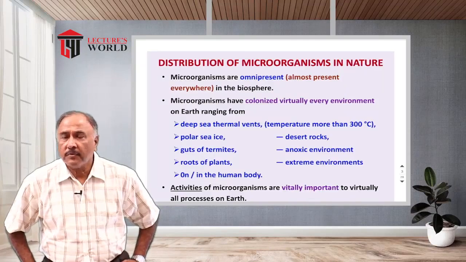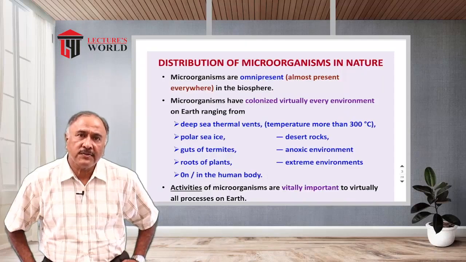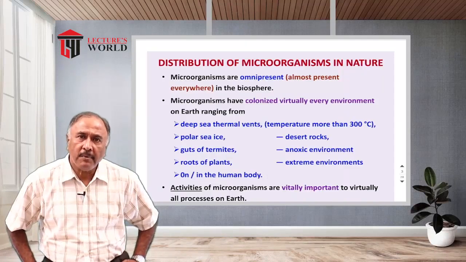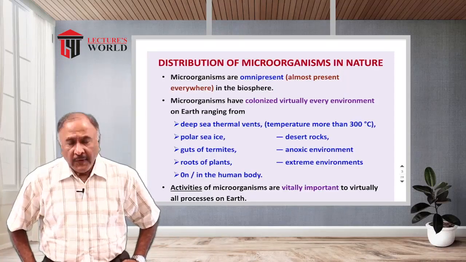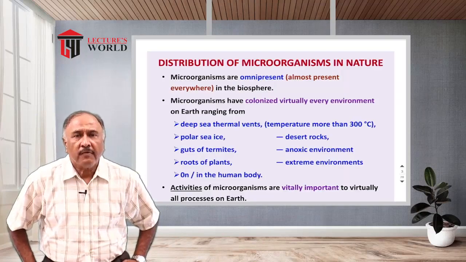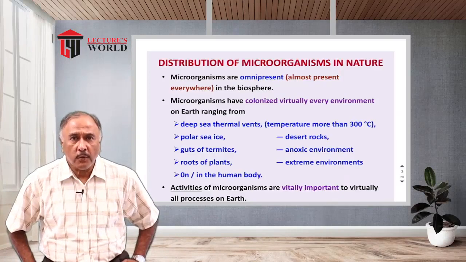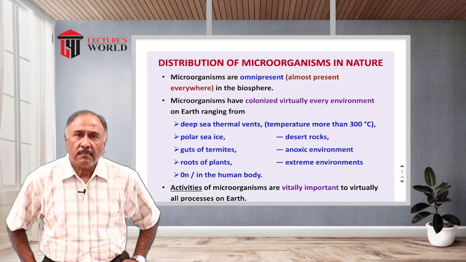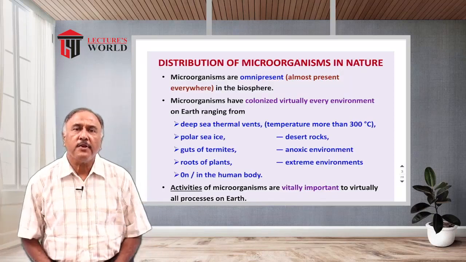They can survive very dry conditions where water availability, AW, is very, very low. Similarly, they are found in association with plants and with the human microbiome. Thousands of different species of microorganisms are present in human beings.